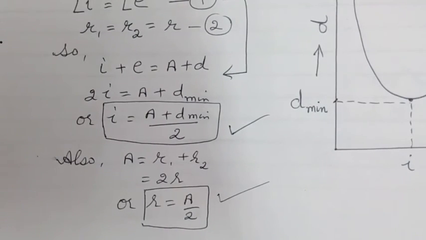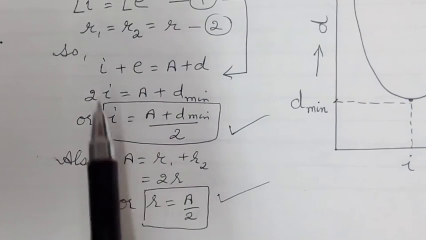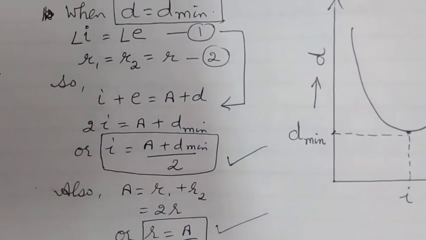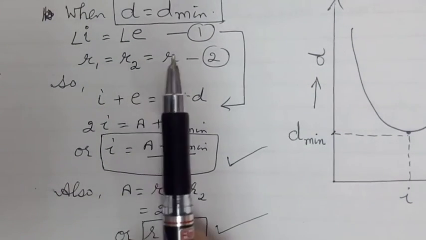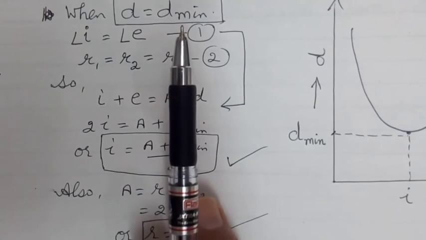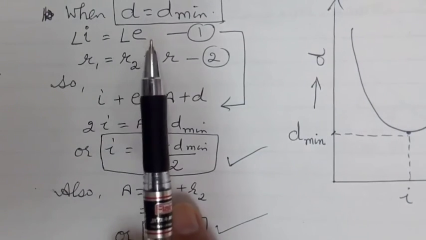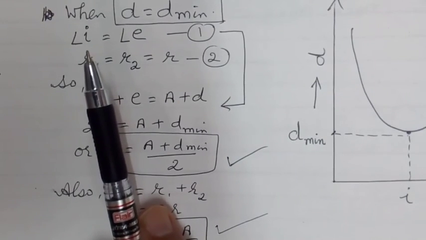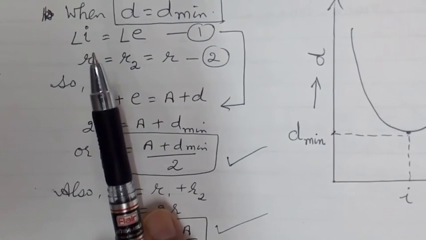So when the prism is in the minimum deviation position, I is equal to E. You can be asked these conditions: what are the conditions for minimum deviation? When the prism is kept in the minimum deviation position, the angle of emergence becomes equal to the angle of incidence. How do we know that the prism is in minimum deviation position?